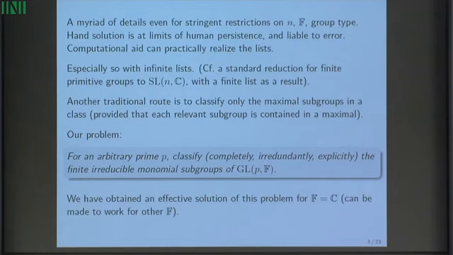And as I say, we have a good working solution for infinitely many P for the complex numbers, with an important caveat that I'm going to talk more about towards the end of the presentation. We can make this classification work for other fields of characteristic zero, but we don't really lose much by just sticking to the complex numbers throughout.